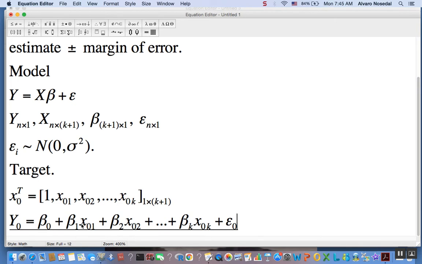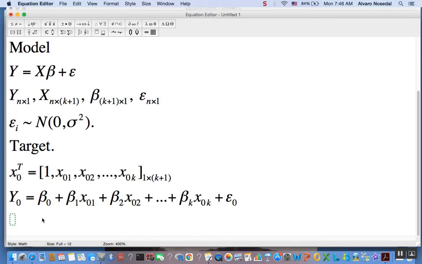Okay, but now note that what we have here is just a linear combination. It's just a multiplication. You could express this as a multiplication of that vector x0 transpose times your vector of parameters beta, right?